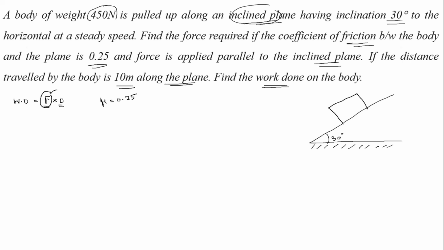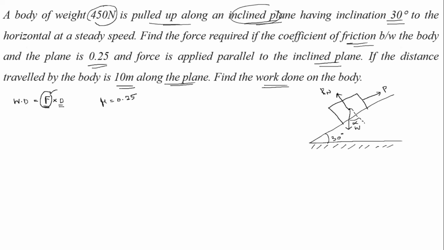The 450 Newton weight is always acting downward, and the body is pulled up along the inclined plane. The pulling force is parallel to the plane, not the inclination. Now, the Rn is acting upward, and this Rn is always perpendicular to the body surface, right.